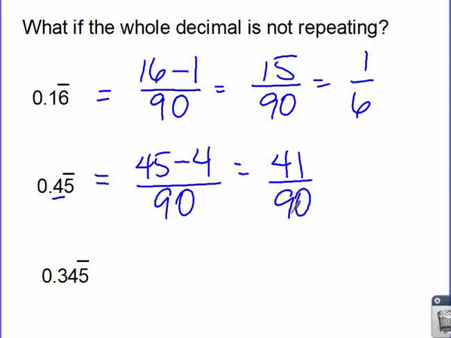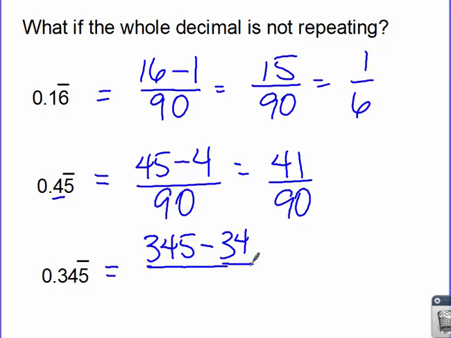Now this last one's the toughest one. Let's see if you can do it. We've got 0.345 with the 5 repeating. Our top number is going to be 345 minus the number formed by the non-repeating part, which is 34. That becomes our top number.